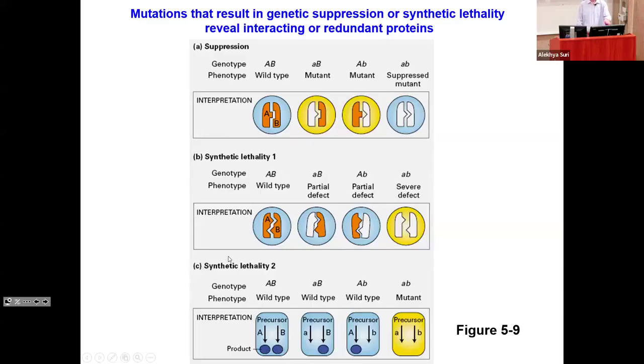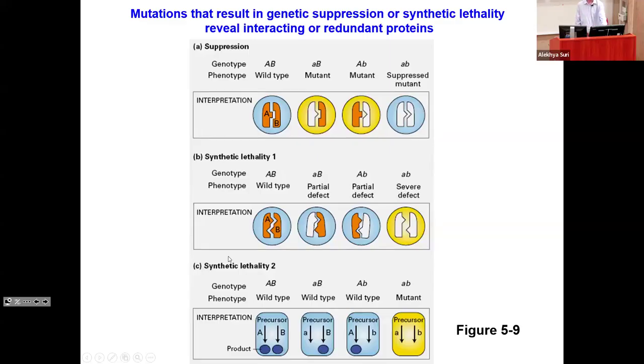So again, synthetic lethality in this case: single mutants would have a mild effect on, for example, cell growth. But if you put together these two mutations in one organism, you would see a very severe effect. They would not grow at all or very slowly.